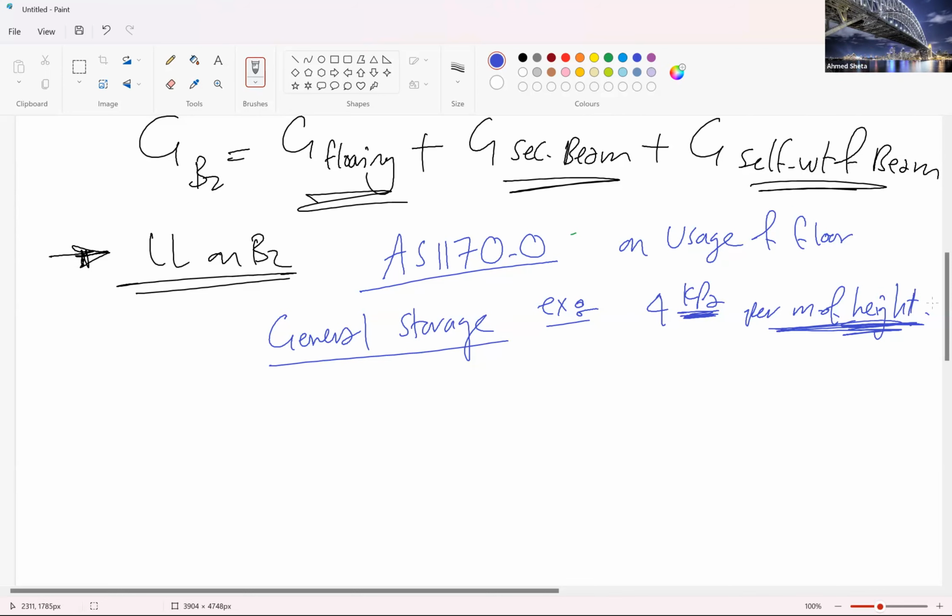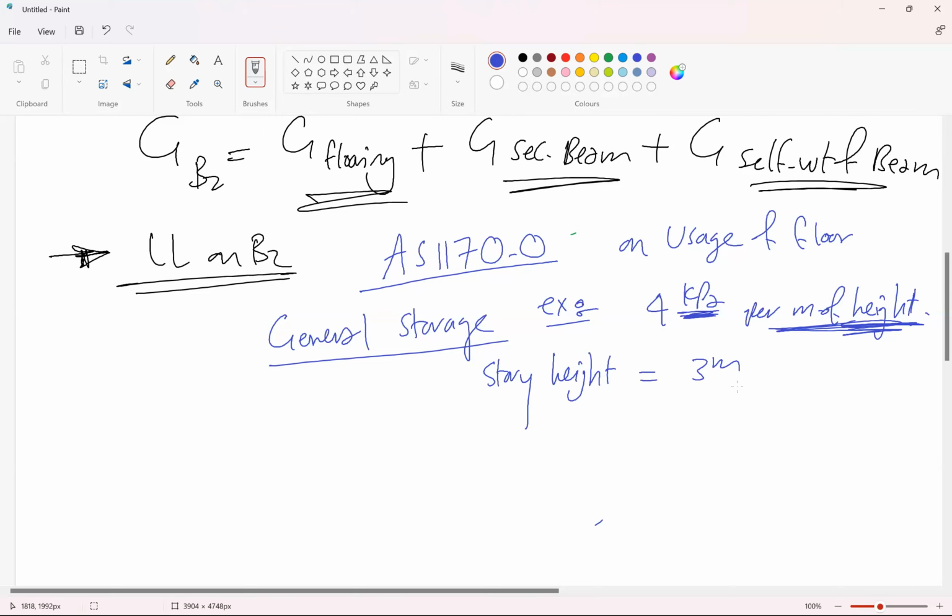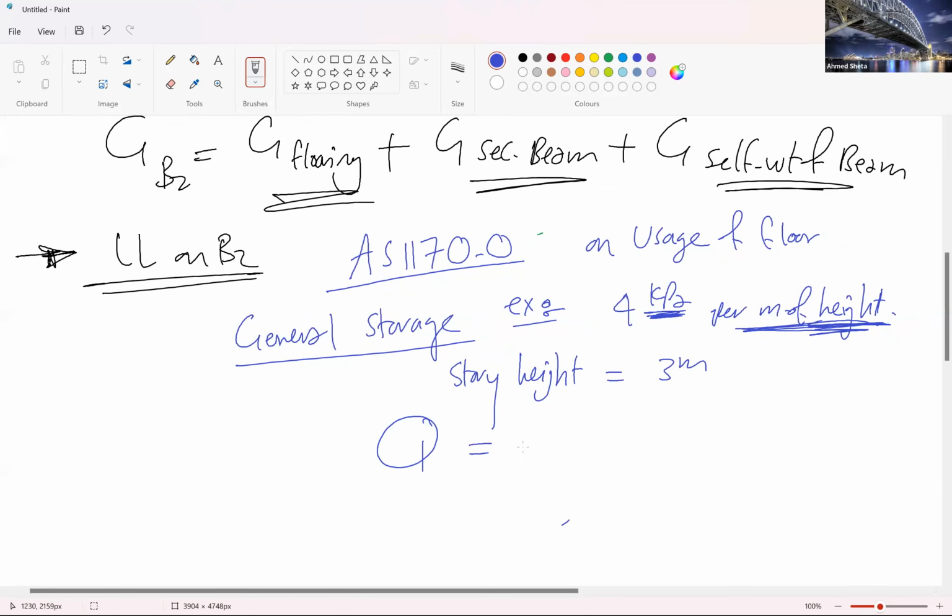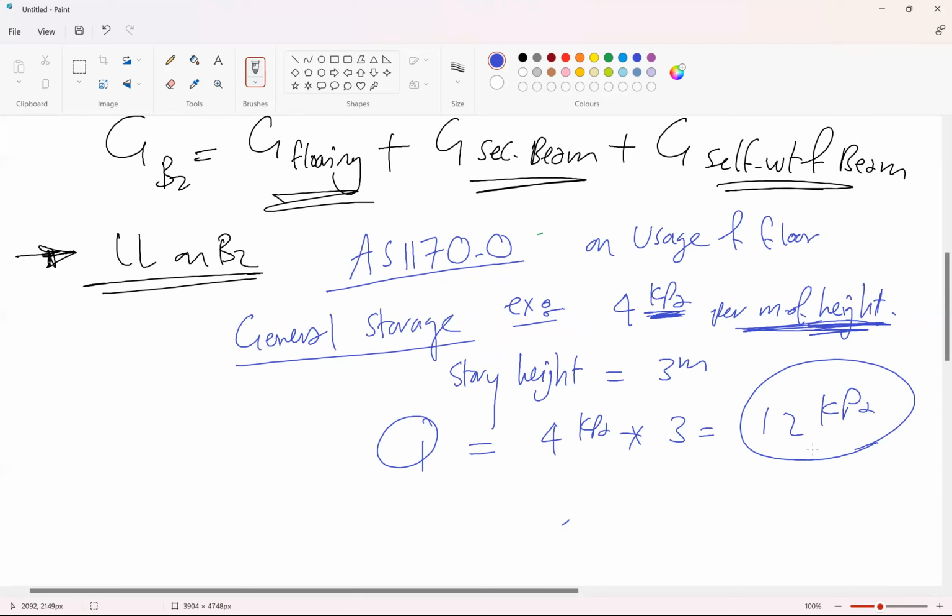If the story height is, hypothetically, 3 meters, then the total live load will be 4 kPa times 3, which is 12 kPa. I use the lower side because it's on a pitch. Is that correct?